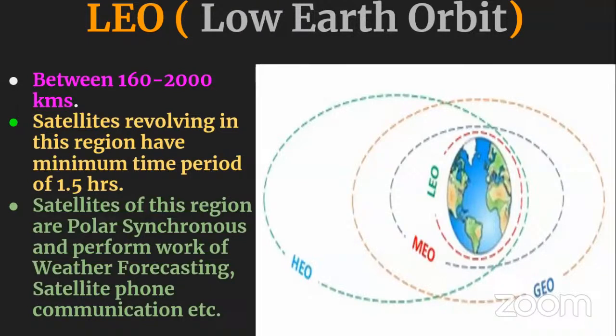Now, why have I written this? This is where I'm going to explain the speed. If you remember the law of gravitation in physics, it says that the gravity force is directly proportional to the product of the masses and inversely proportional to the distance between them.